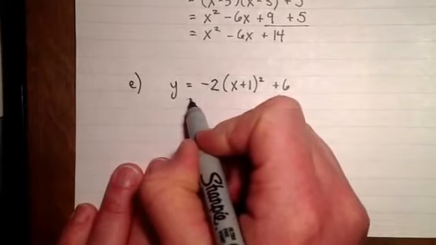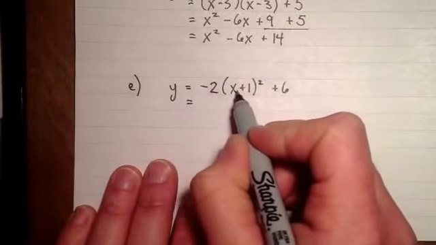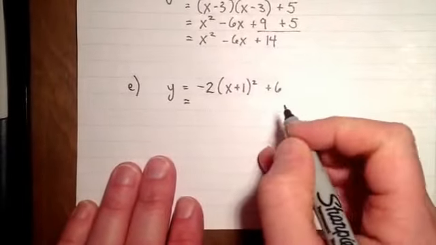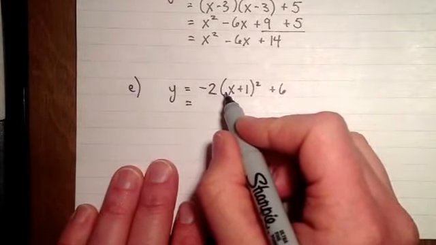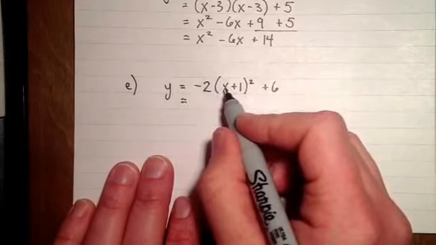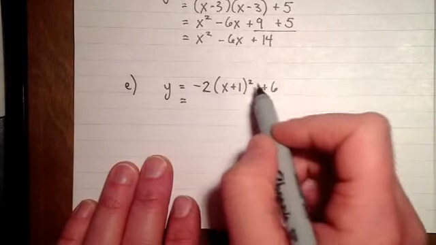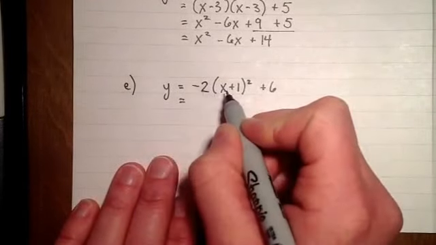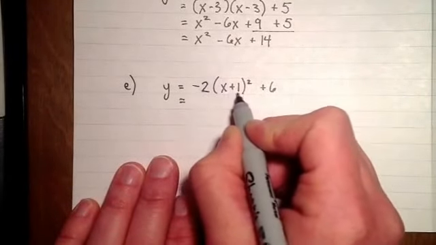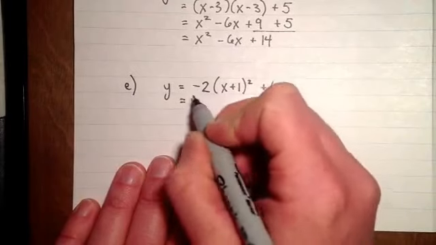So here it's a really similar deal, except that there's this negative 2 and the x plus 1 squared plus 6. So be careful that you don't do what I said in the other example, where we multiply the negative 2 by both brackets. That is effectively what will happen if you multiply this negative 2 by the x plus 1 right now.